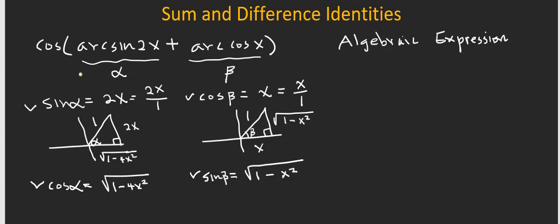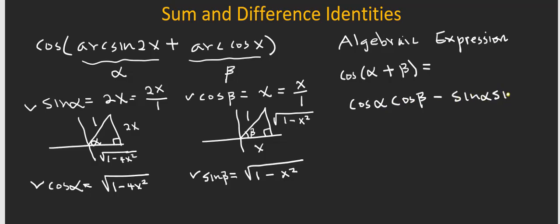So now let's go back to this. What is cosine of alpha plus beta? We're looking at our formula. Cosine of alpha plus beta is cosine alpha cosine beta minus sine alpha sine beta. Okay? Now notice we already have this information.